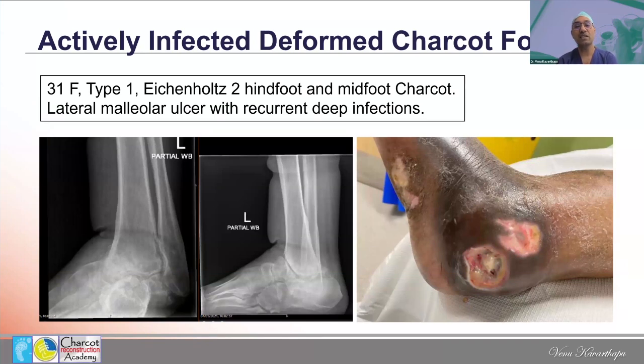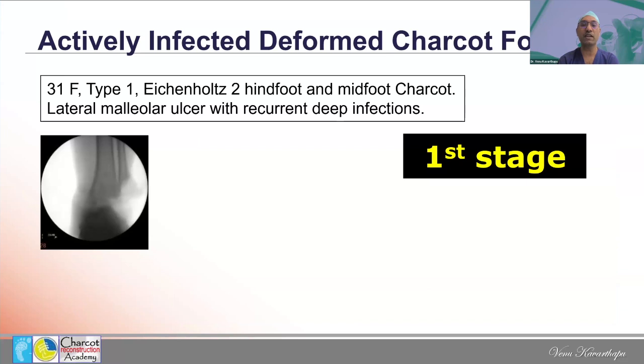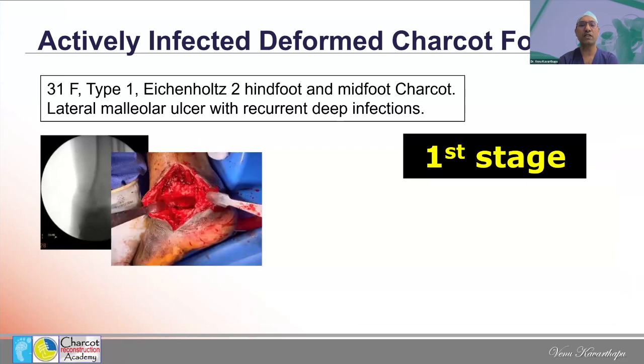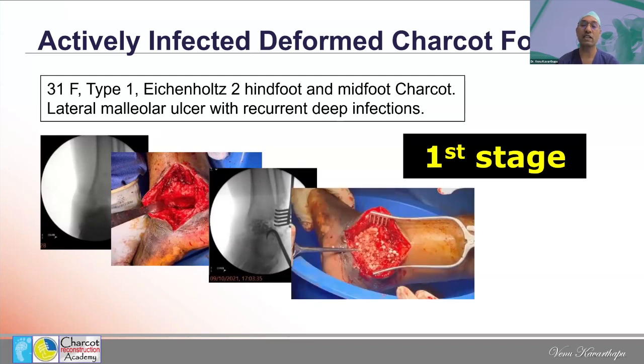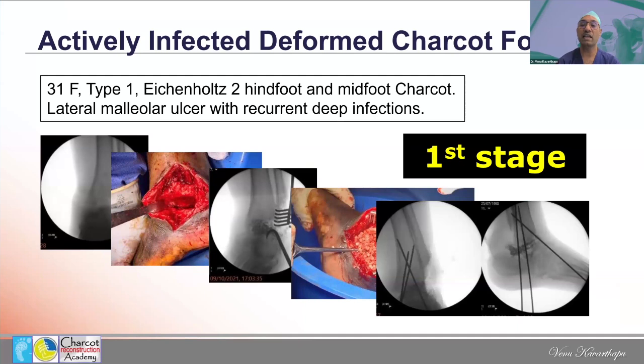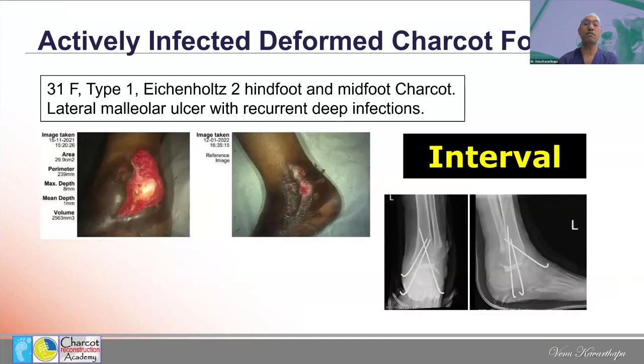During the first stage, in this case example of a 31-year-old type 1 patient with active deep infection, you debride all of that infected soft tissue and bone, pack with antibiotic-sensitivity-specific local antibiotic-loaded calcium preparation, leave the wound open, and apply VAC.